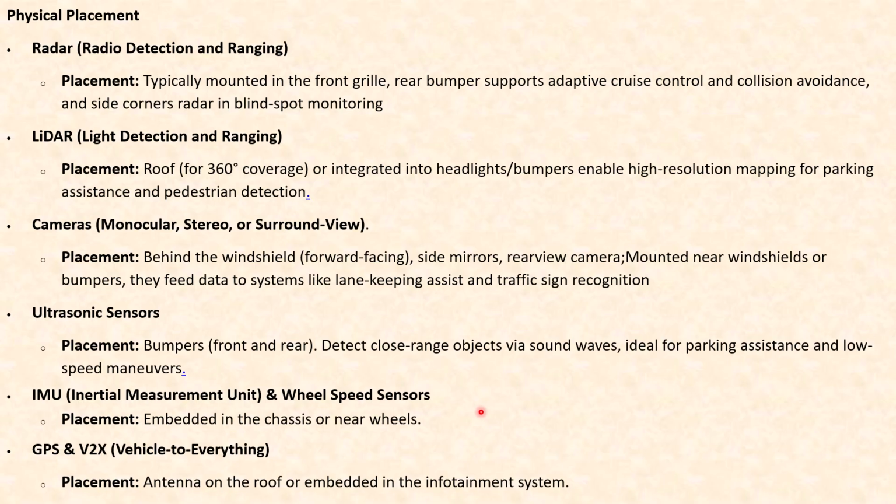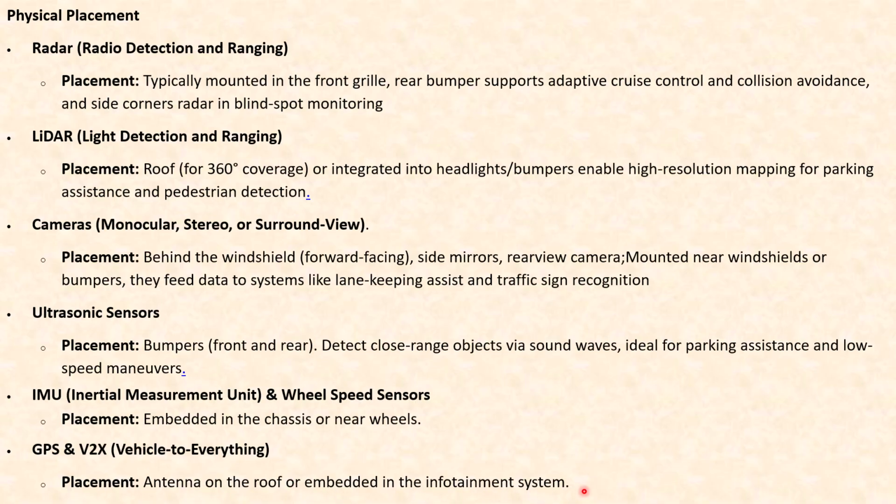They are very important, but not exactly very popular kinds of sensors. But for the topic's sake, understand that they are usually embedded in the chassis or near the wheels. Next comes the GPS and V2X placement, antenna on the roof or embedded in the infotainment system. So usually it is embedded in the infotainment system.